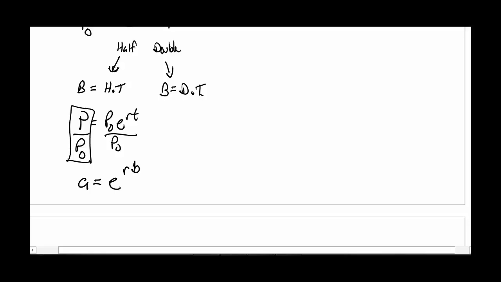Now, what is this going to allow me to do? Well, I know there are a lot of letters floating around here, but A is actually a constant. It's at a specific time. B is related to A, so that's a constant. There's only one variable in that entire equation right now, and that's r. So I'm going to solve for r.